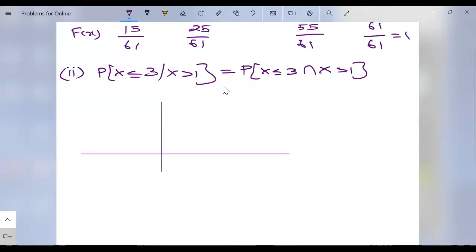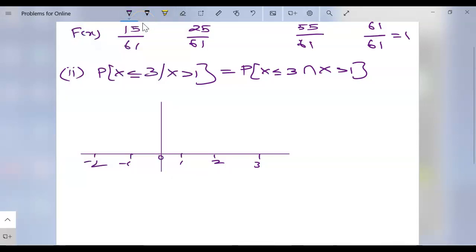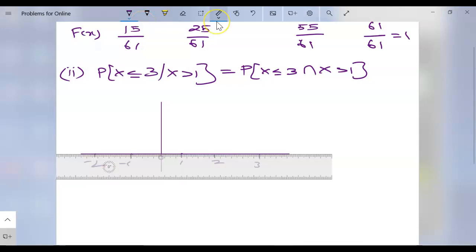This side is positive 1, 2, and 3. This side is minus 1, and here it is 0, minus 1, minus 2. This is for x. We need x less than or equal to 3. Where is x equal to 3?